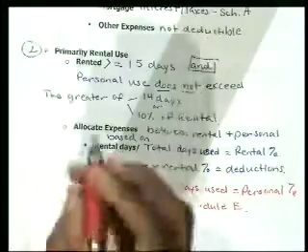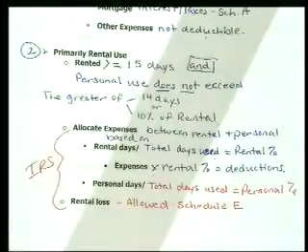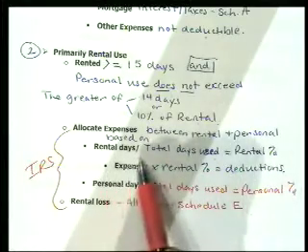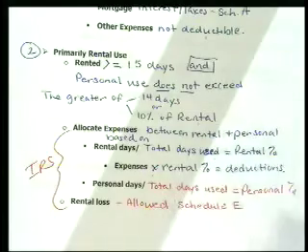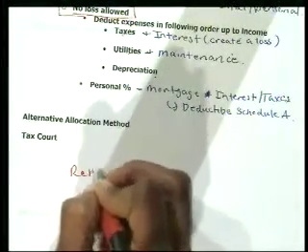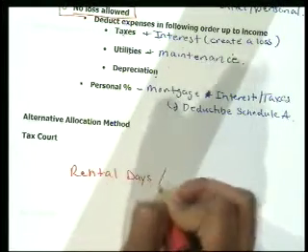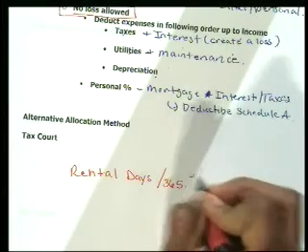This is considered the IRS way of doing it. The alternative approach would be to take the rental days and divide them by 365, the whole year, and get the rental percentage.